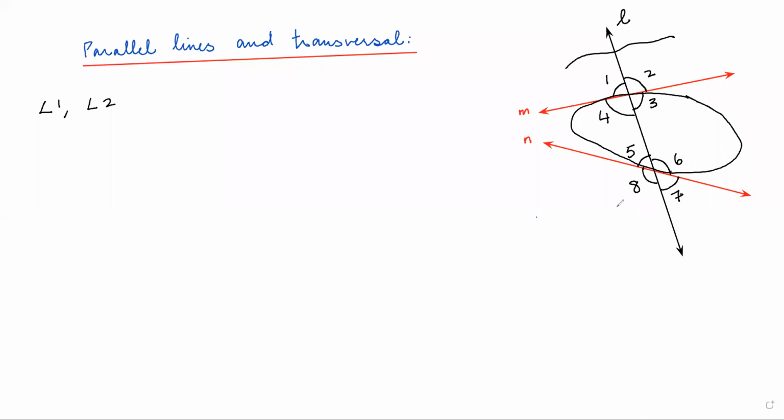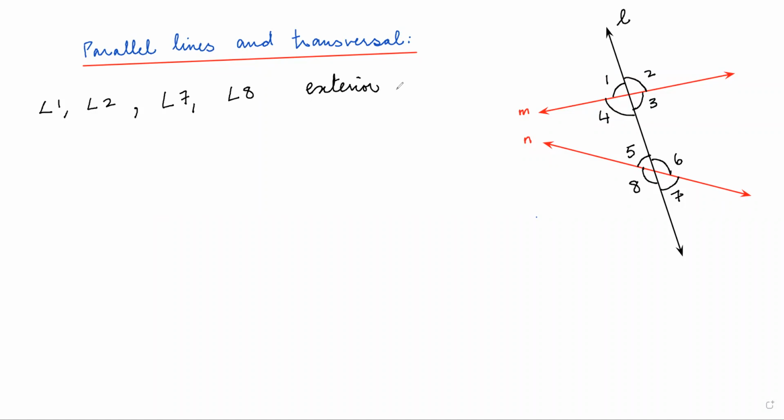This part is exterior part, this part is also exterior part. So that's why angle 1, angle 2, angle 7 and angle 8, all these 4 angles are known as exterior angles. Exterior means outside.